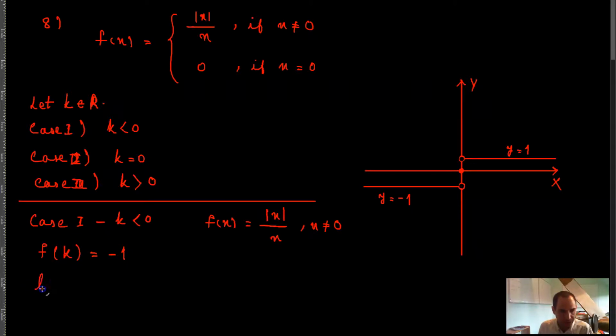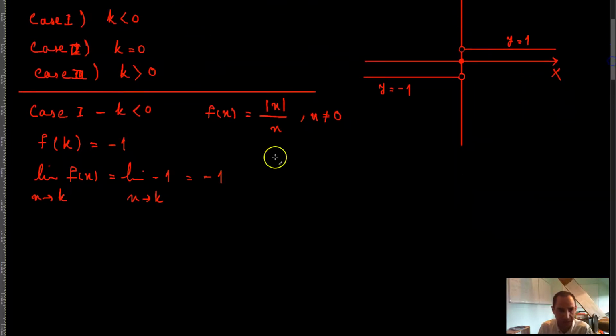And also the limit of f of x as x tends to k is equal to the limit of negative 1 as x tends to k, which is equal to negative 1. So these two values are the same and the limit exists.